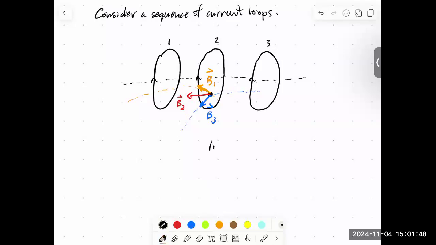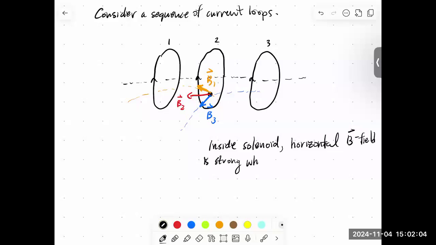So inside the solenoid, the horizontal B field is strong, while the vertical component vanishes.